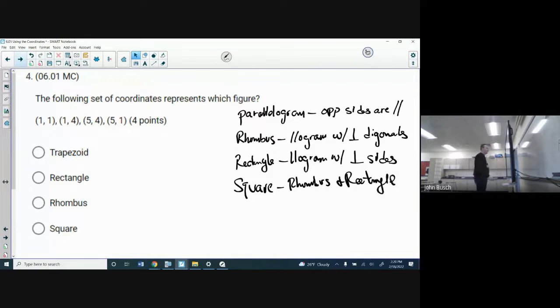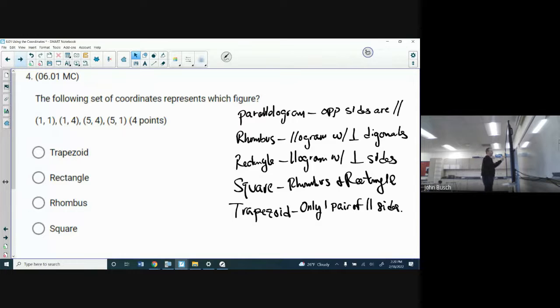And if it's a trapezoid, there's only one pair of parallel sides. So we can do all this with slope.